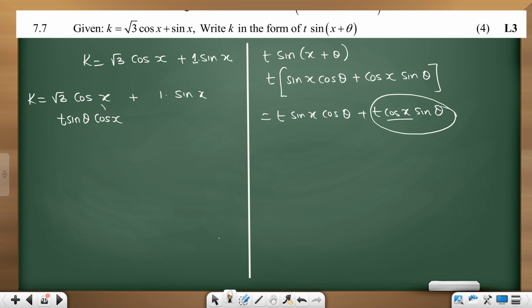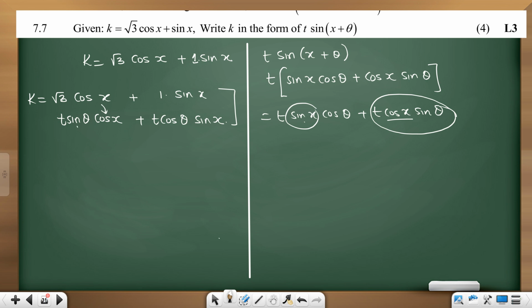Do you know I'm bringing that because I see cos x? What about this one? I see what? So what should I write here? T cos x cos what? Theta. I need to make these two equal. But you notice they are bringing in a sine.